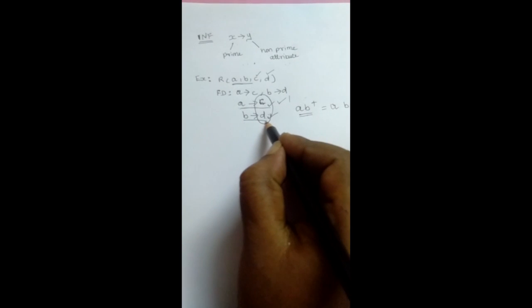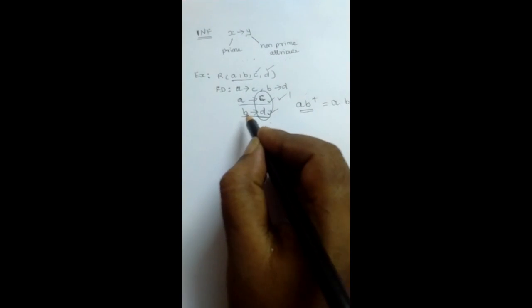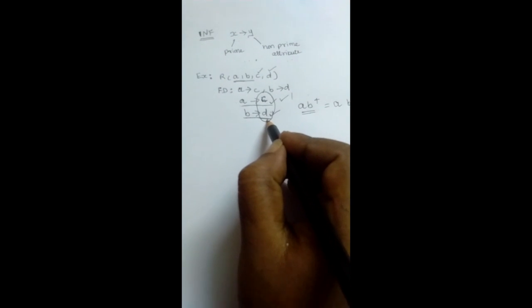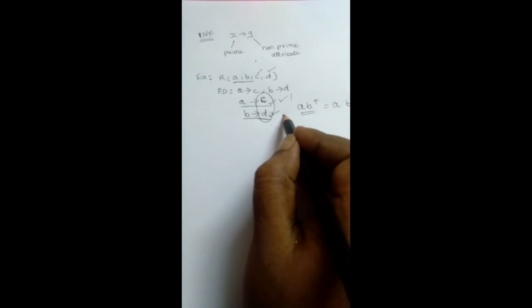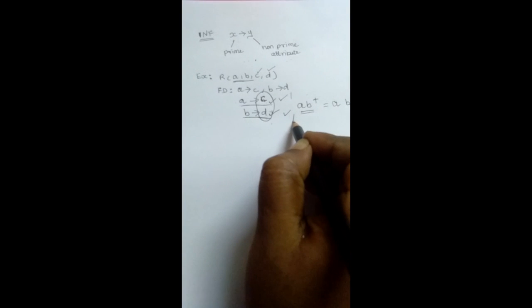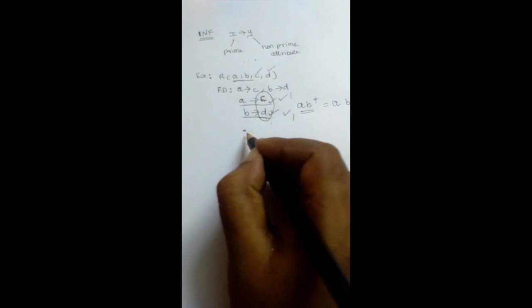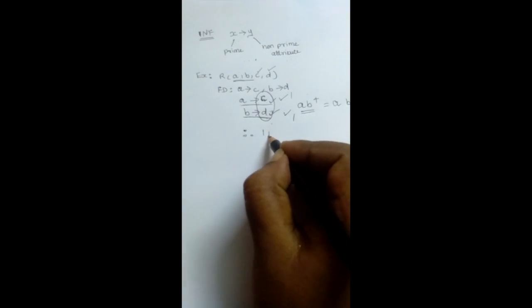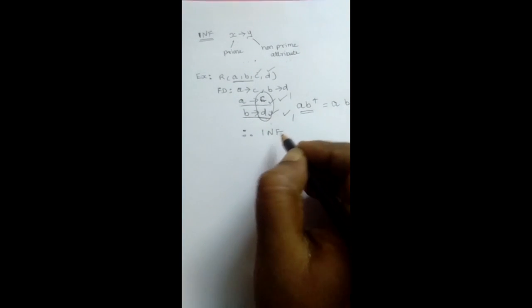Similarly, in the second functional dependency, B is a prime attribute and D is a non-prime attribute, so this also satisfies first normal form. Therefore, the above functional dependency satisfies first normal form.